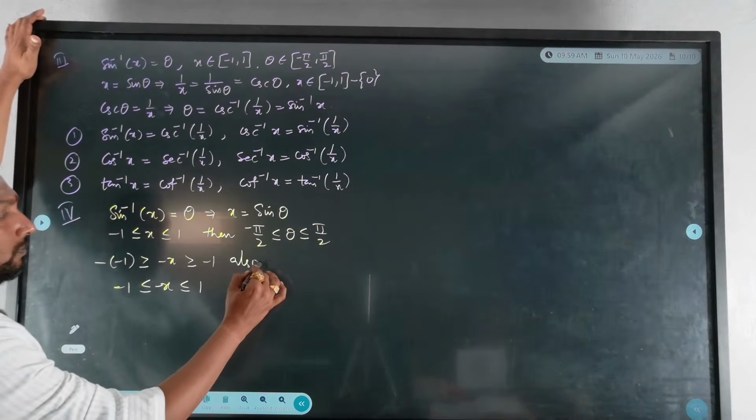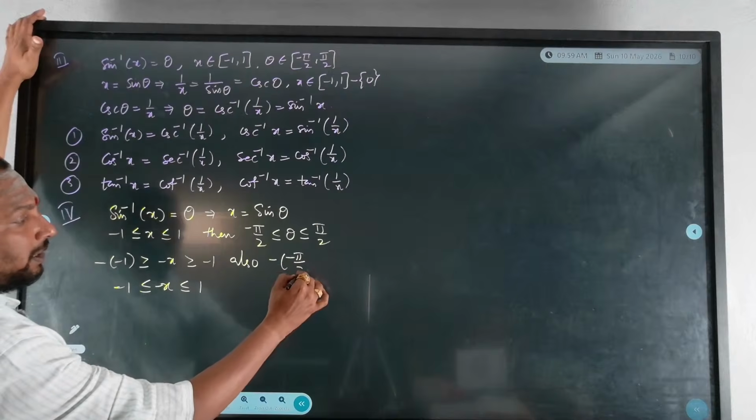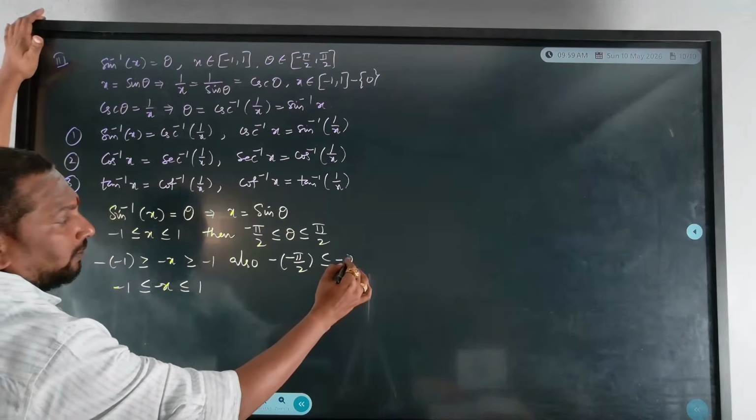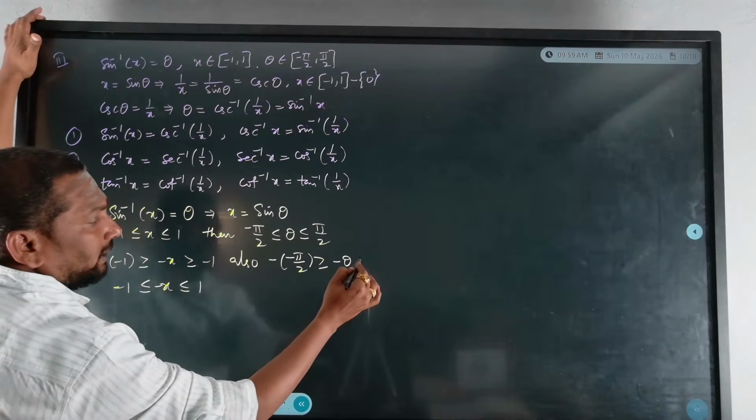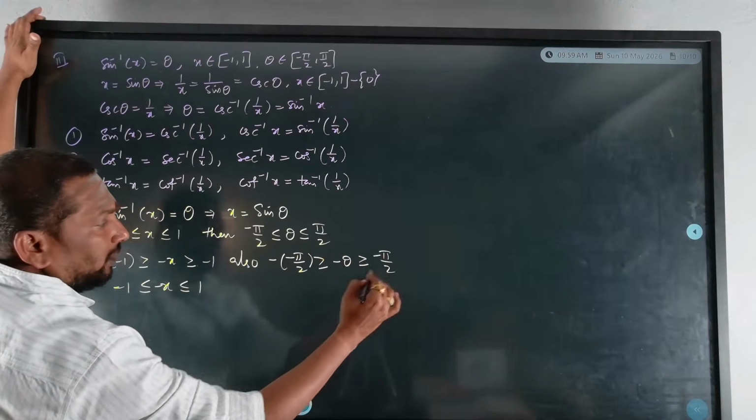Also minus pi by 2 less than or equal to theta less than or equal to pi by 2. Multiply with minus, and this can be written as minus pi by 2 less than or equal to minus theta less than or equal to plus pi by 2.